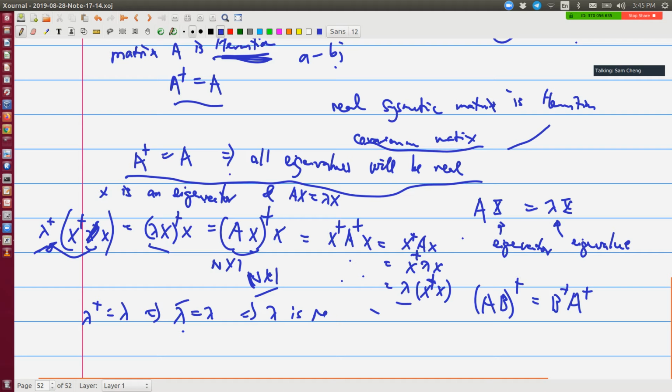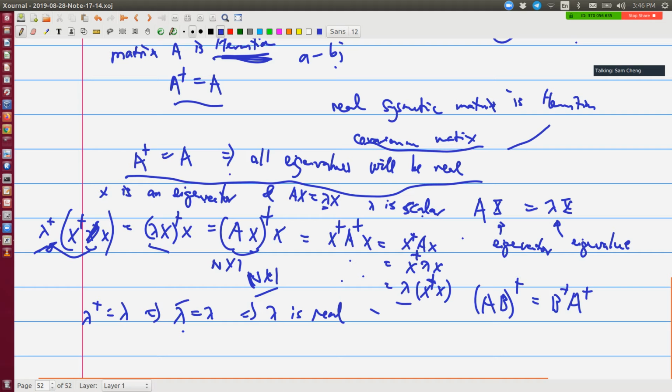Lambda is not a matrix; lambda is a scalar. Can we say lambda Hermitian? Yes, because a scalar is also a matrix: you can think of a scalar as a 1 by 1 matrix, and the Hermitian of a 1 by 1 matrix is just the complex conjugate.